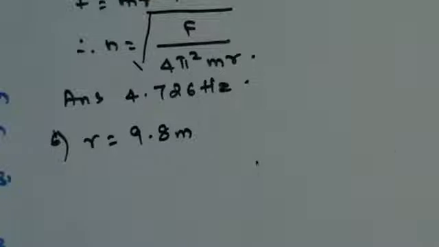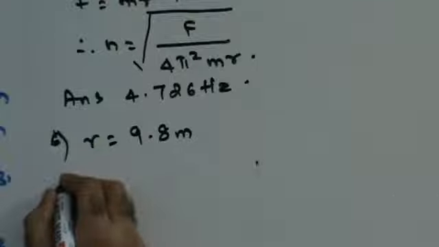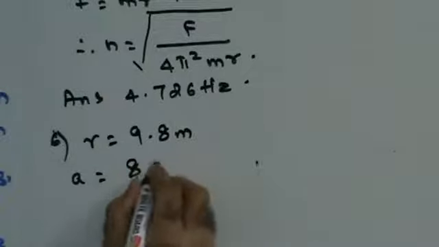What angular velocity is required to generate a centripetal acceleration 8 times the gravitational acceleration?